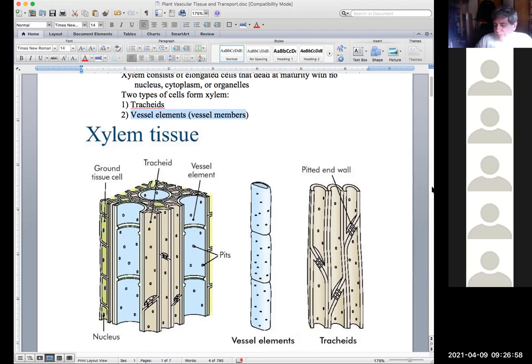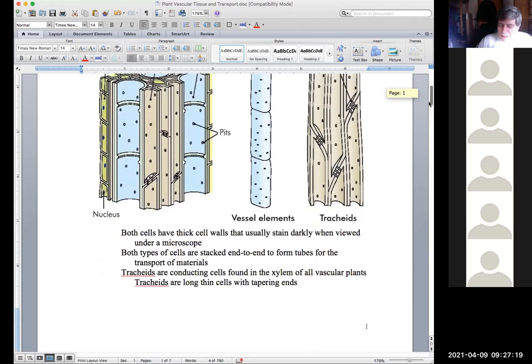Now, xylem pretty much only transports water and solutes dissolved in water upwards from the roots. There's one exception to this that we'll see later. But let's think about how we can get the water from the roots up to leaves that might be 100 or 200 feet above where we started out.